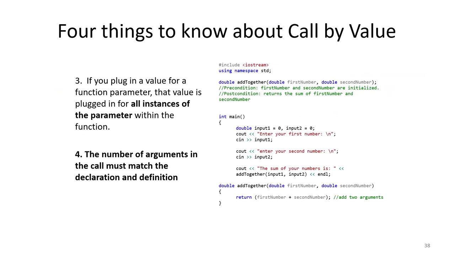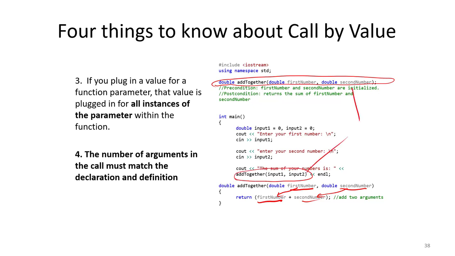Another thing to note is that if you plug in a value for a formal parameter, like first number, that same value is plugged in everywhere that formal parameter appears within the function. And finally, the number of arguments in the function call must match the function declaration and definition.